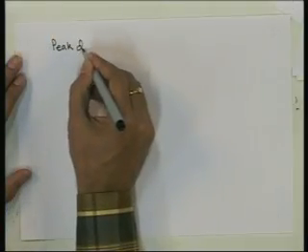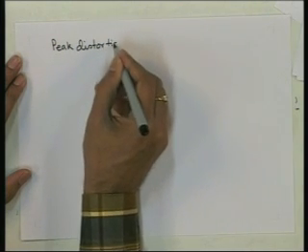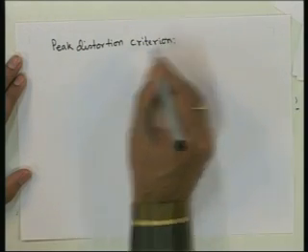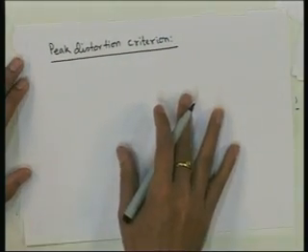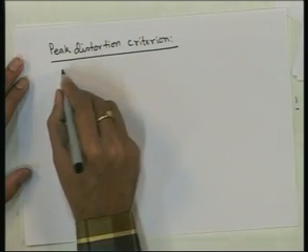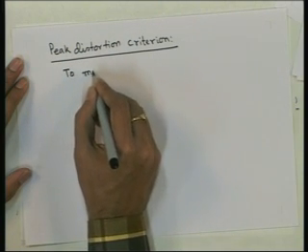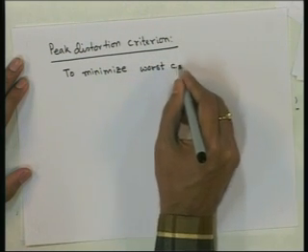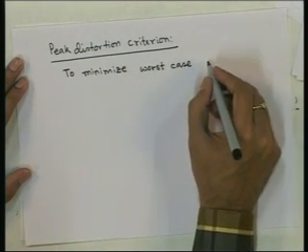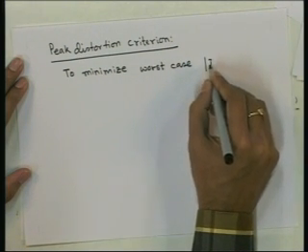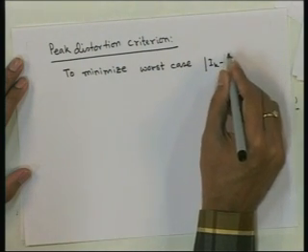One is called the peak distortion criterion, and what it tries to do is to minimize the worst case error, that is the absolute value of I k minus I k hat.